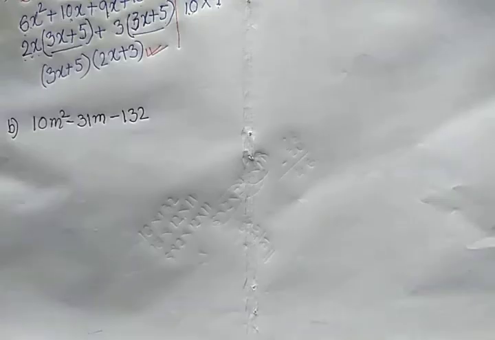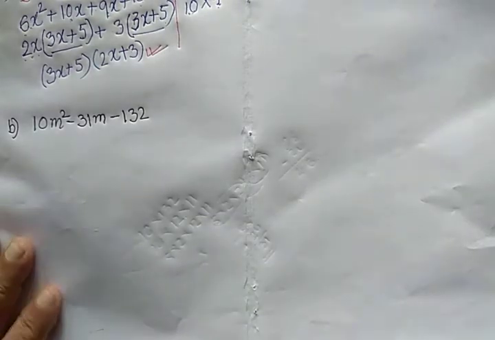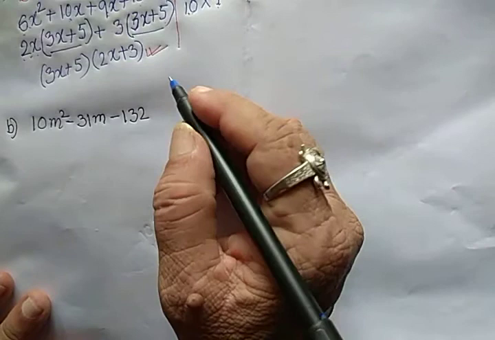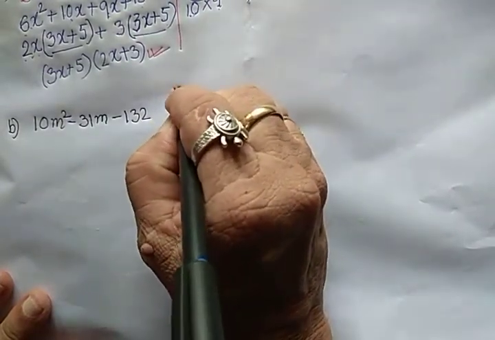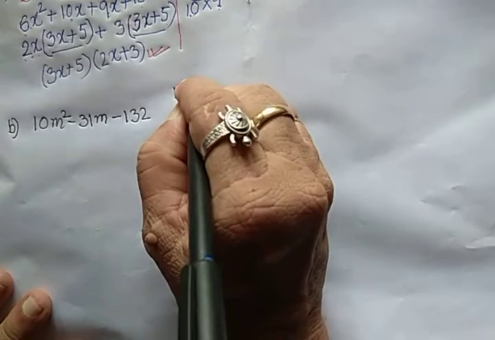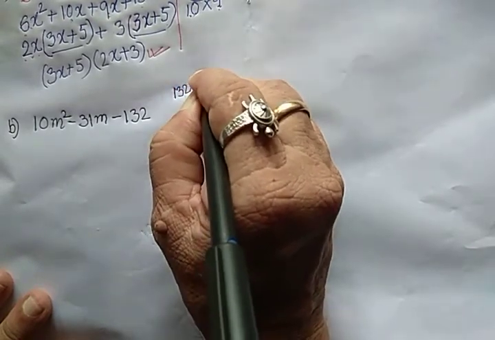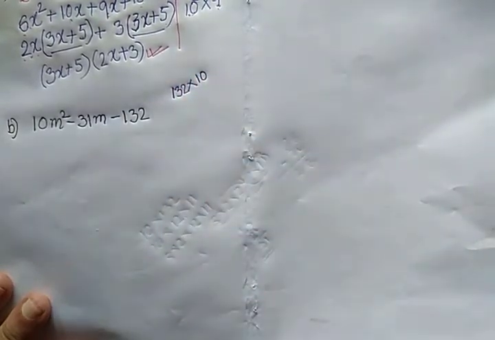So now let us take another question. 10m square minus 31m minus 132. We have to find the factors. Clear? So as per the first question, we should take 132 into 10.